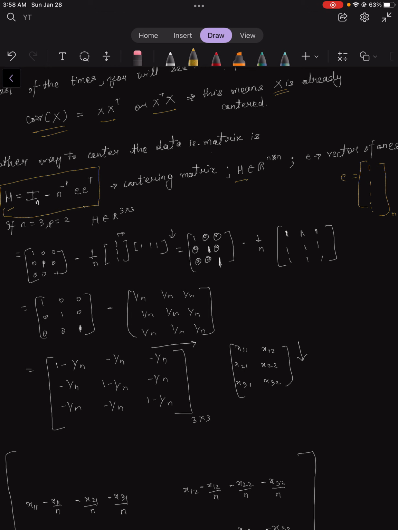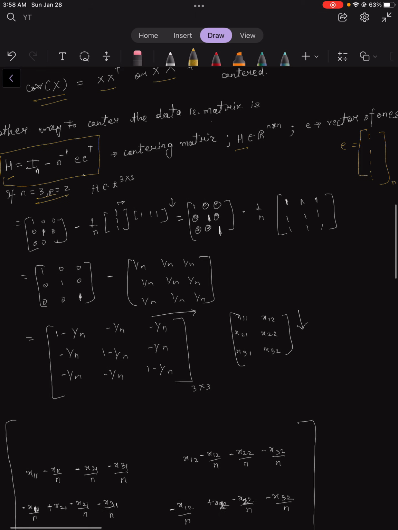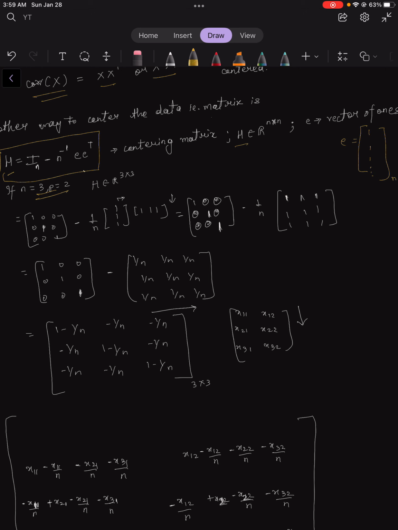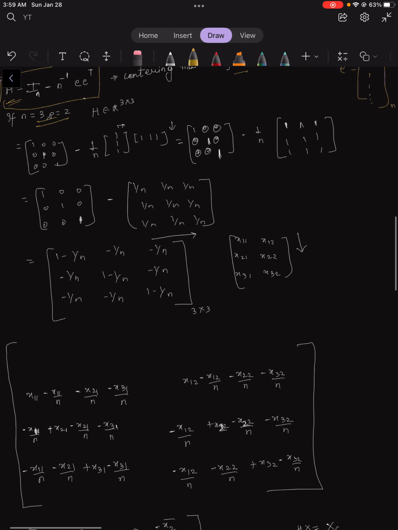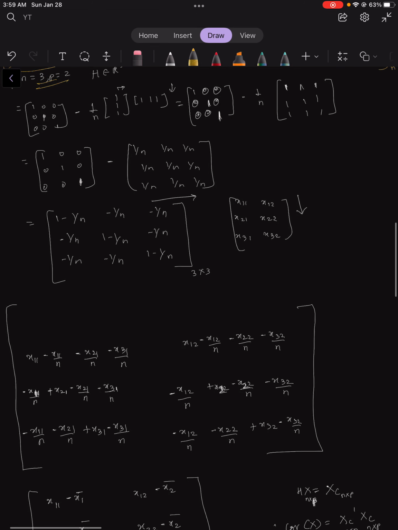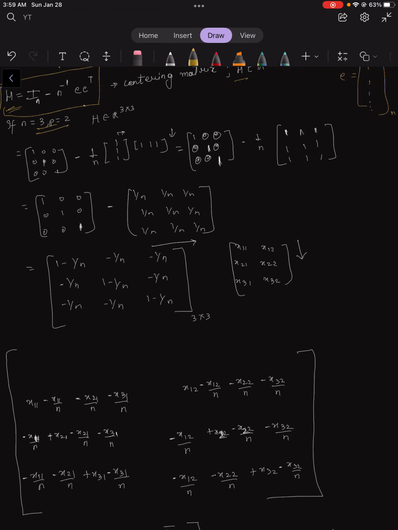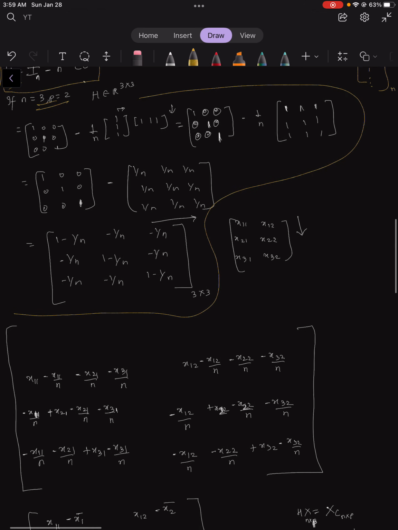Let us again consider the case of n equal to 3 and p equal to 2. Here you can see the whole process of calculating H. Till this point, this is H. Now the dimension of H is 3 by 3, and this is X, and the dimension of X is 3 by 2.